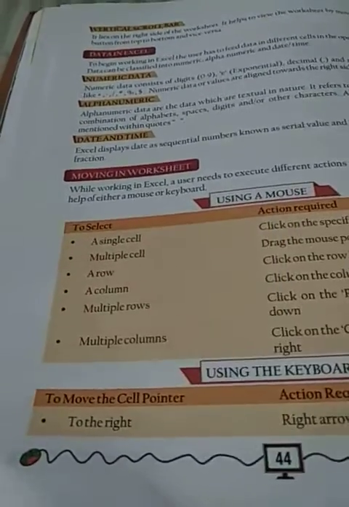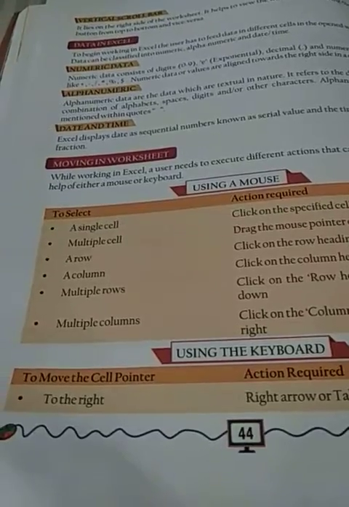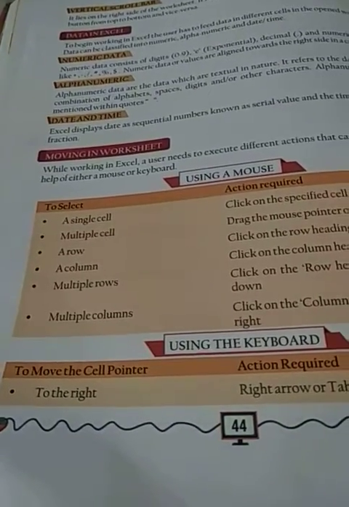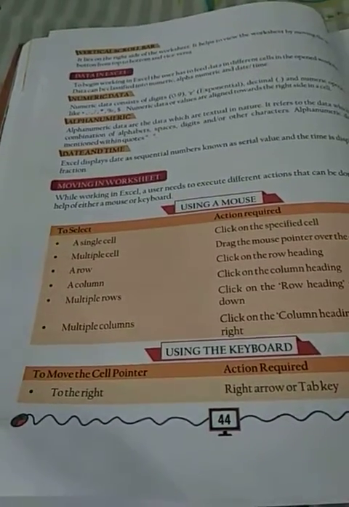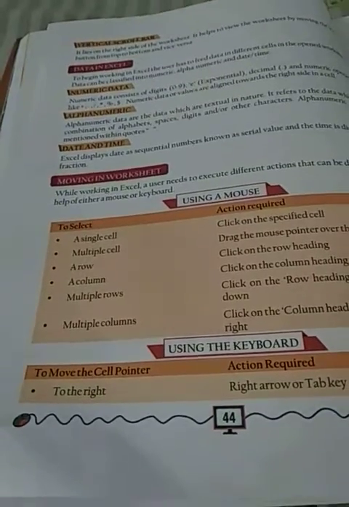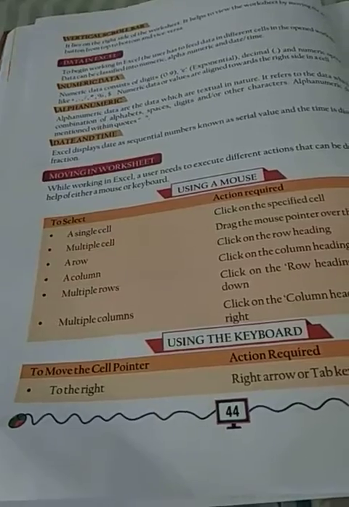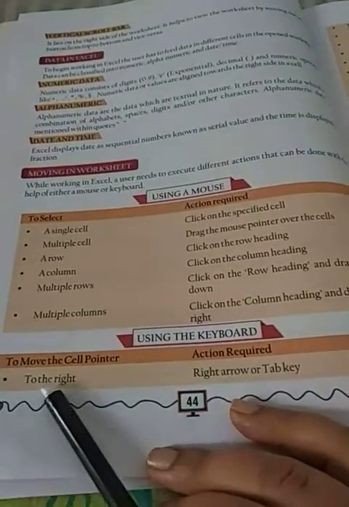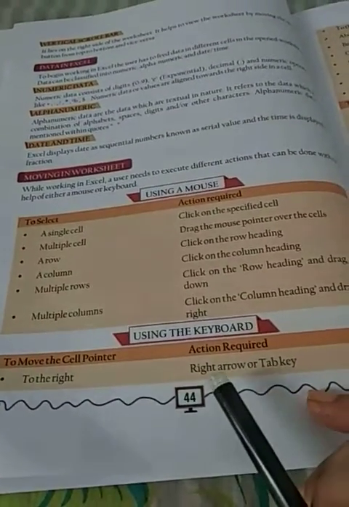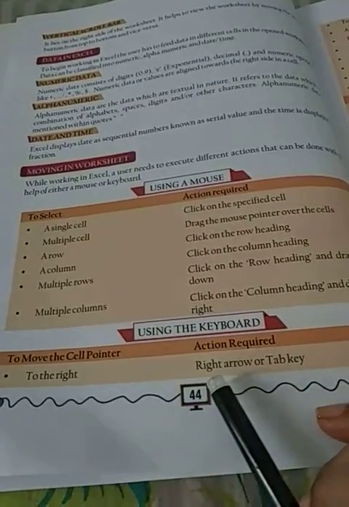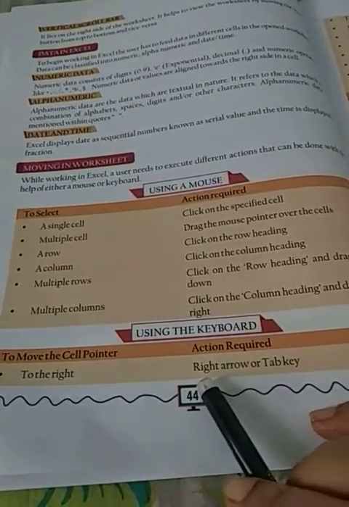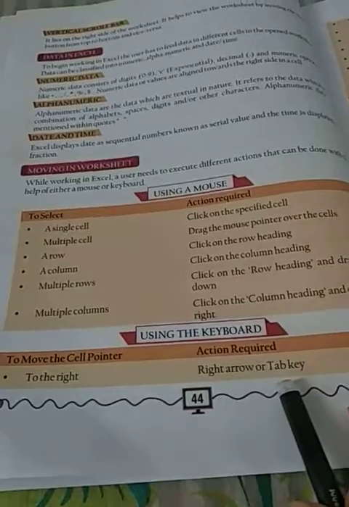Now using the keyboard, if you want to move to a particular cell, to go to the right side, you just have to press the right arrow key, and it will be done.